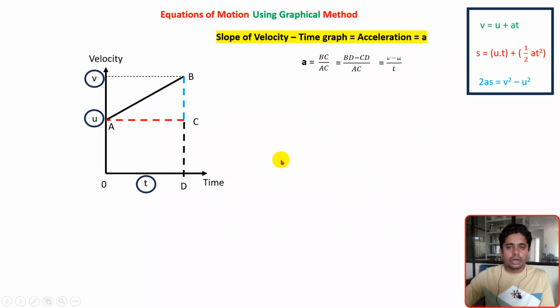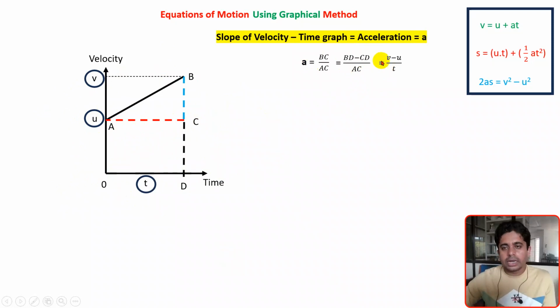Now, what is BD? BD is the final velocity v, and CD is the initial velocity u, and AC is nothing but the time interval t.